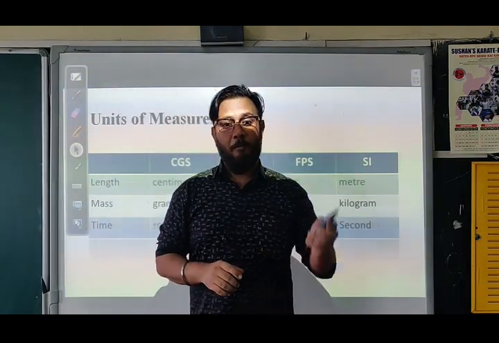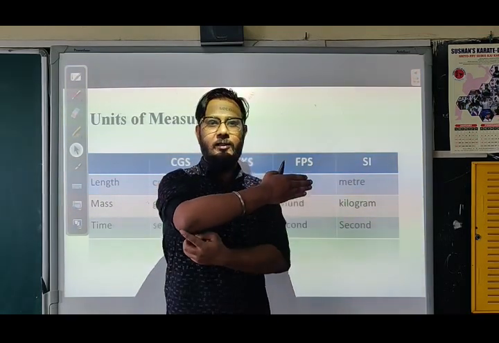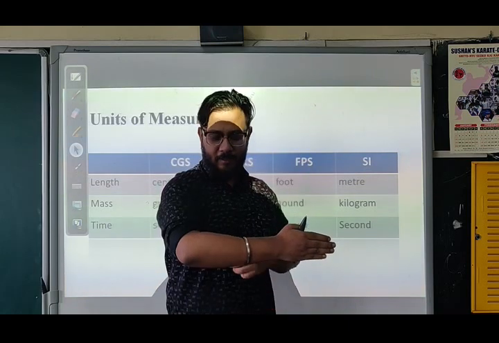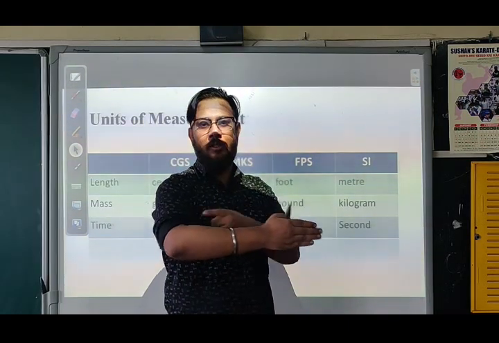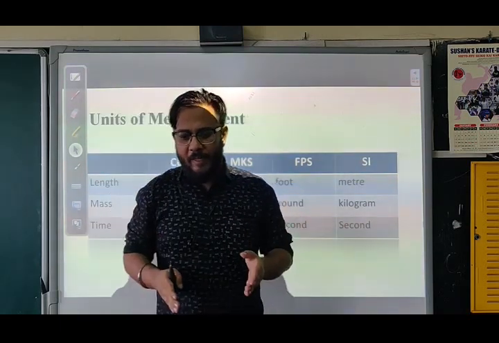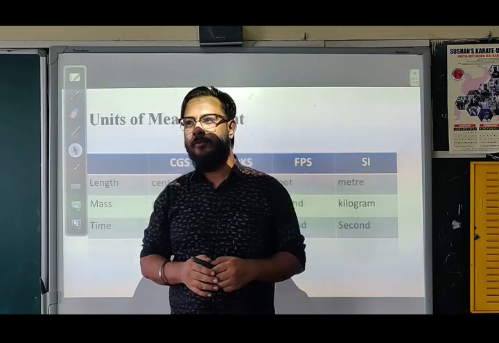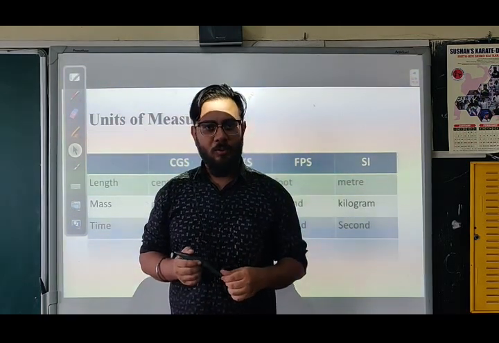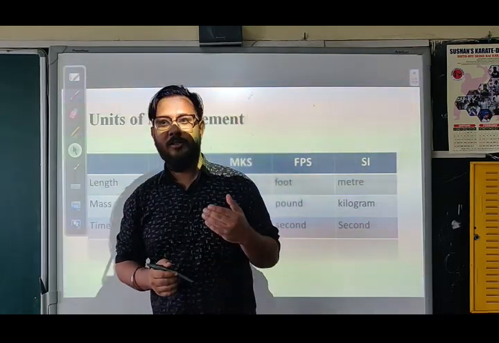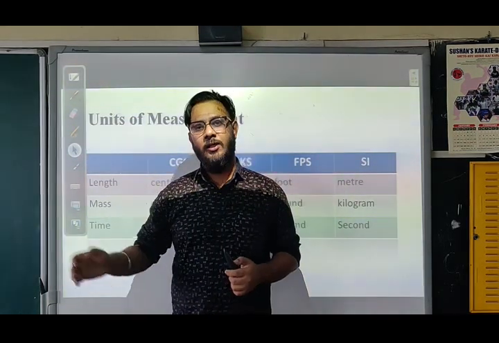But your friend measures it in cubits, from this till this, and he says it's 1 cubit. Now, when you do the calculations, are you going to come up with the same kind of answer? No, because the units that you're using for measuring are different. One is using hand span, another is using cubit.